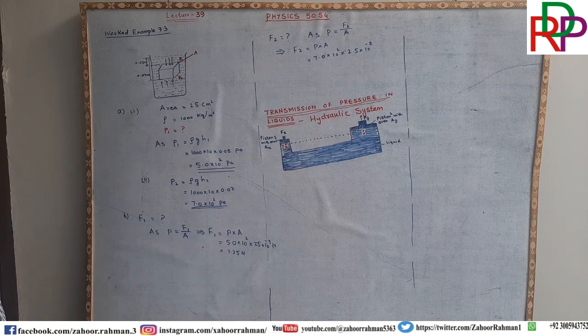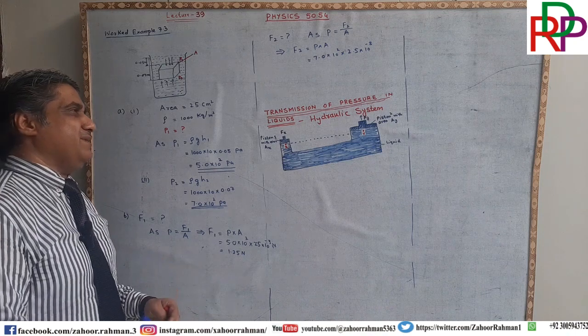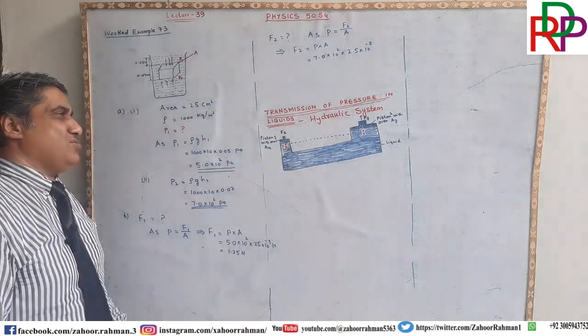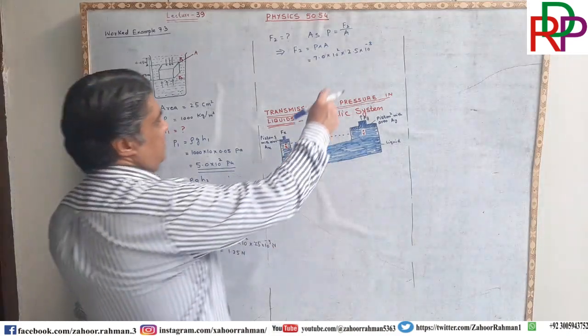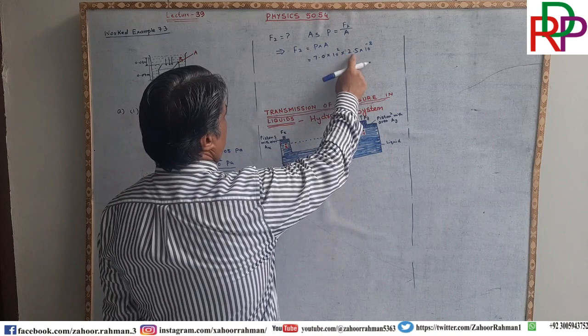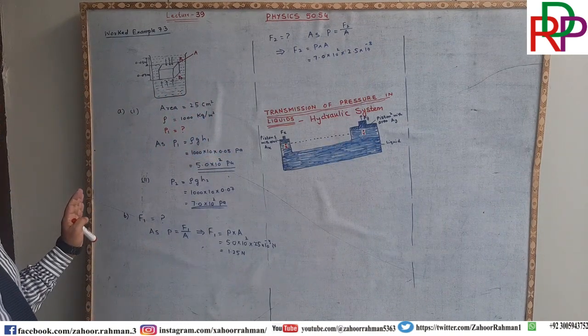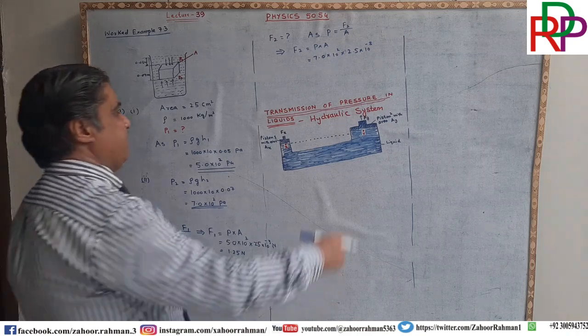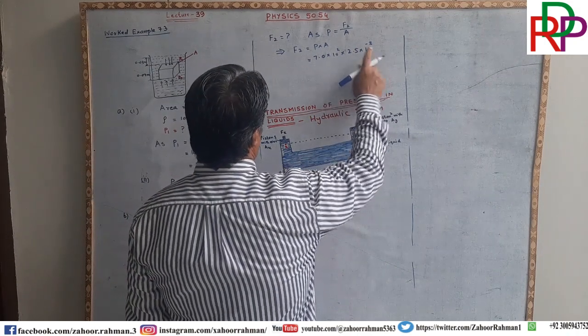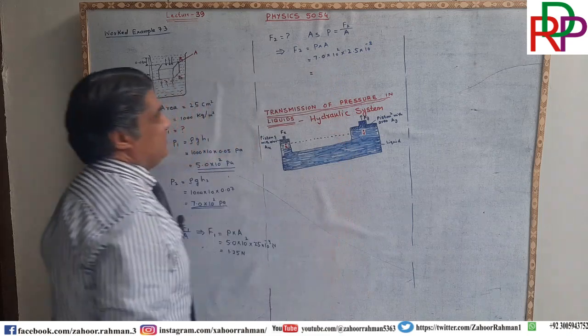So it means it will be 10 raised to the power minus 3, because taking square of centimeter, cent means 10 raised to the power minus 2, and when we double it, it will become 10 raised to the power minus 4. But because this is 25, when one decimal portion is going to the left, it will become 2.5 and 10 raised to the power minus 3.